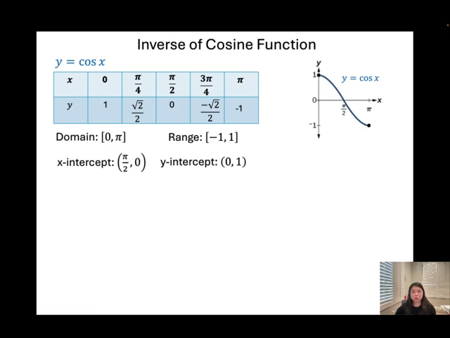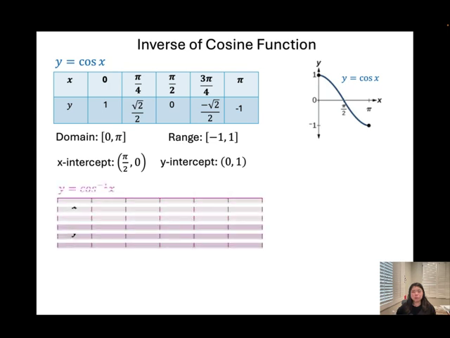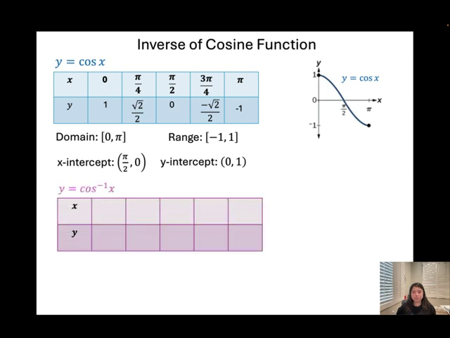Now we do have all the information. We want to sketch the inverse function, y equal to cosine inverse x. So remember how to find the inverse function? We could switch the x and y coordinates. So I do have the y here, and I'm going to put the y to the x here.